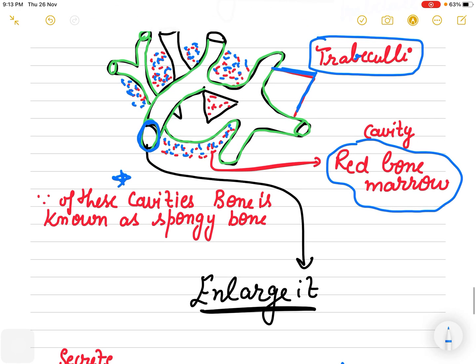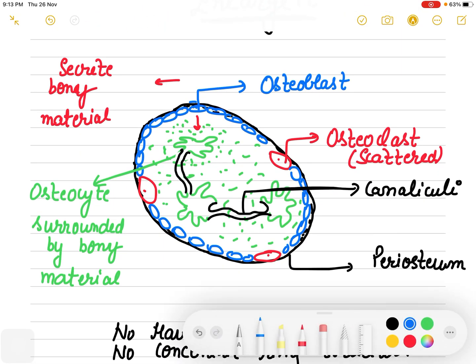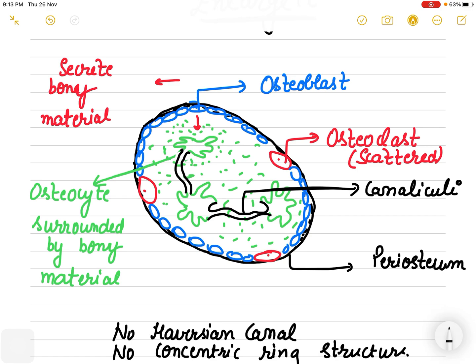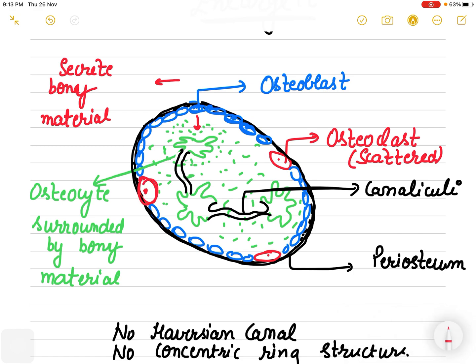So what we have done is take this structure, do a section cutting, and enlarge it. When it is enlarged a lot, we find this kind of structure, right? As you can see, on the outer surface there are the osteoblasts. These blue ones are osteoblasts. But in between, there are a few scattered large cells.